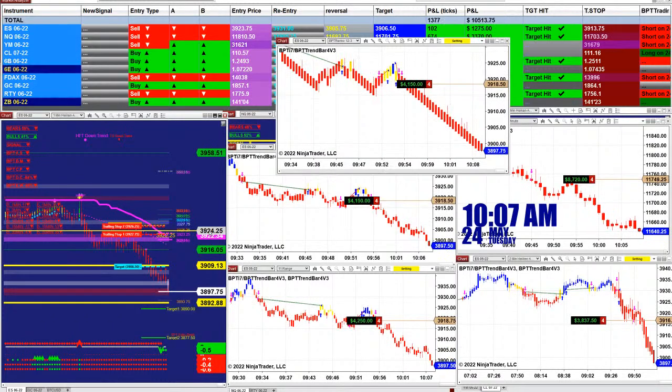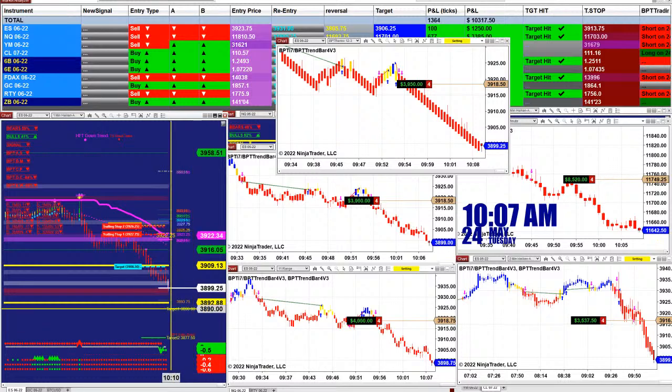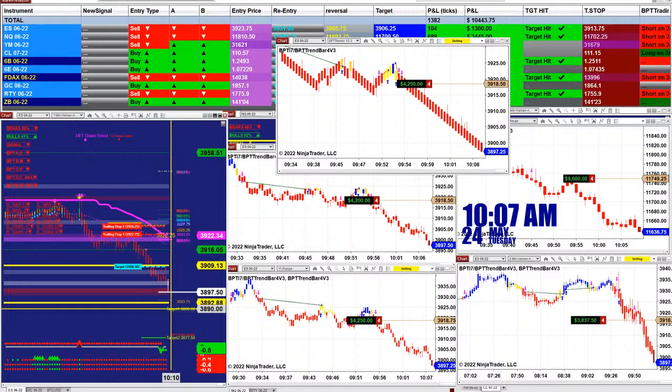Wow. Even if it breaks it, there is the institutional number profit taken on 38.90.